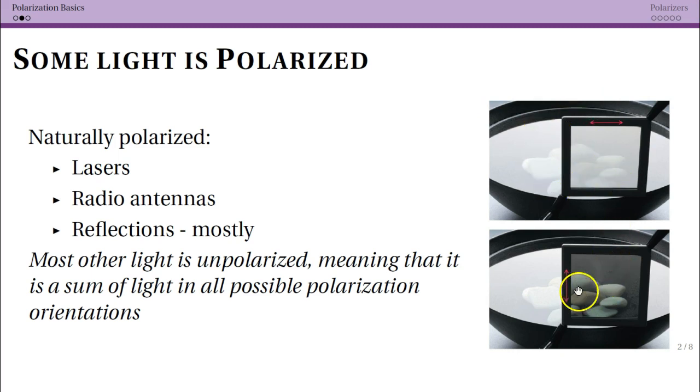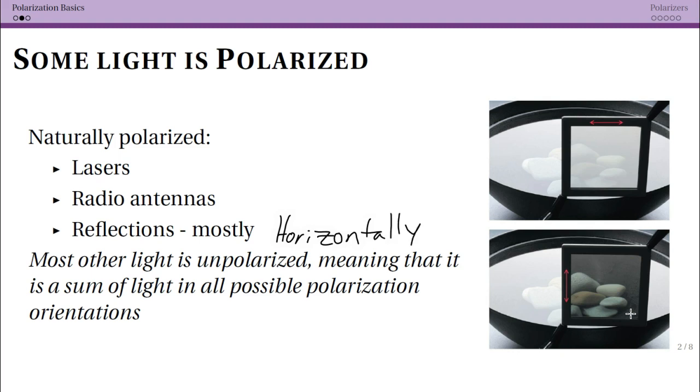But if we then look at the same situation through a vertical polarizer that blocks the horizontally polarized light, which we're going to talk about very soon, we now can see very clearly the rocks in the bottom. So reflections, again, are mostly polarized, and these are horizontally polarized.